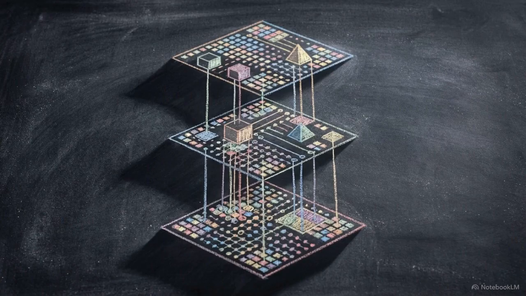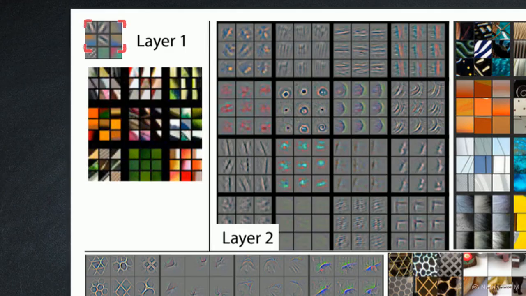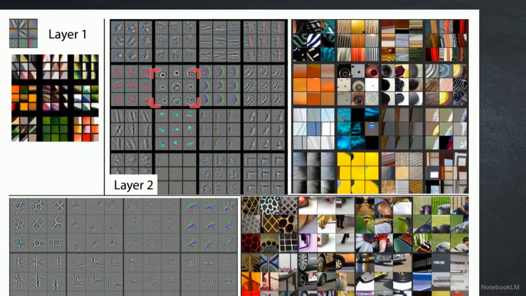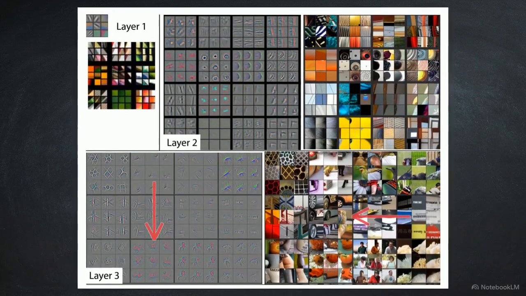This alternating process creates a hierarchy of representations. As this visualization shows, earliest layers identify distinct edges and simple lines. Middle layers combine these into repeating textures and geometric patterns. Deep layers assemble textures into recognizable, complex object parts, like a car wheel or a bird's eye.